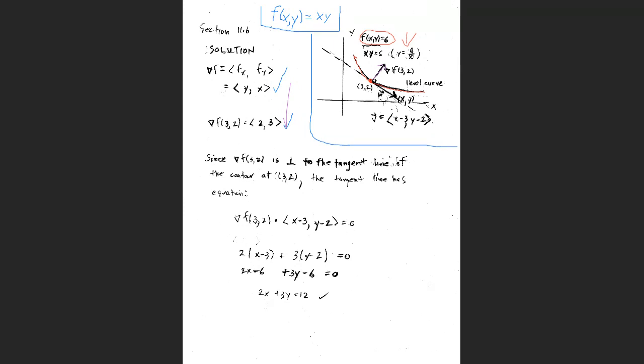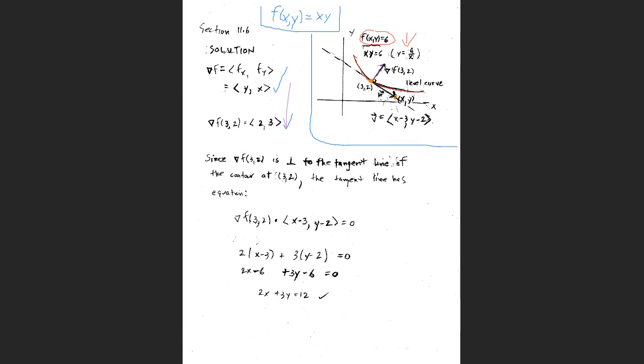And also what I did on the picture was I drew a tangent line to the level curve of the function, the level curve when the function's equal to 6.